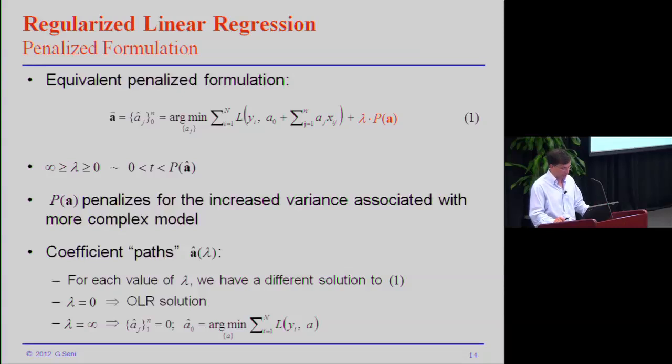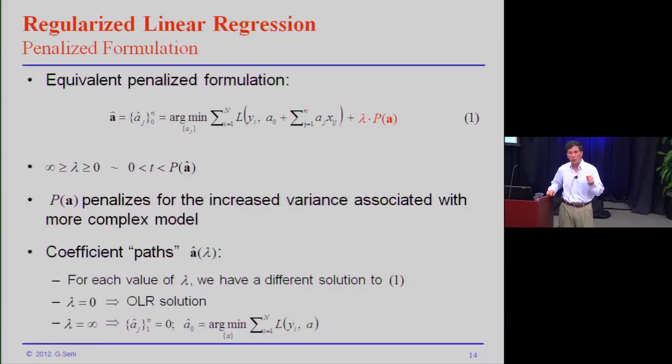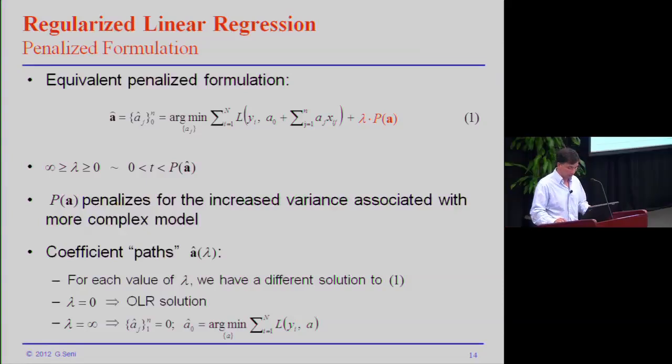All the coefficients are 0, and we only have the offset term. And so this sequence of coefficient values, one for each predictor, as we vary lambda from infinity down to 0, is known as the coefficient path.